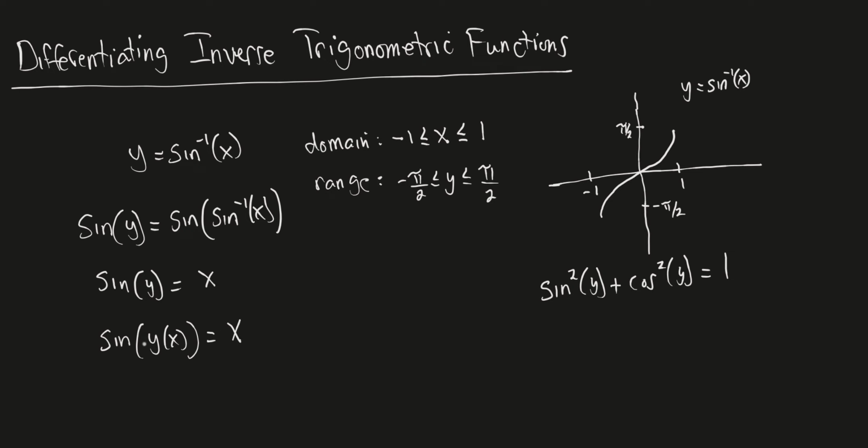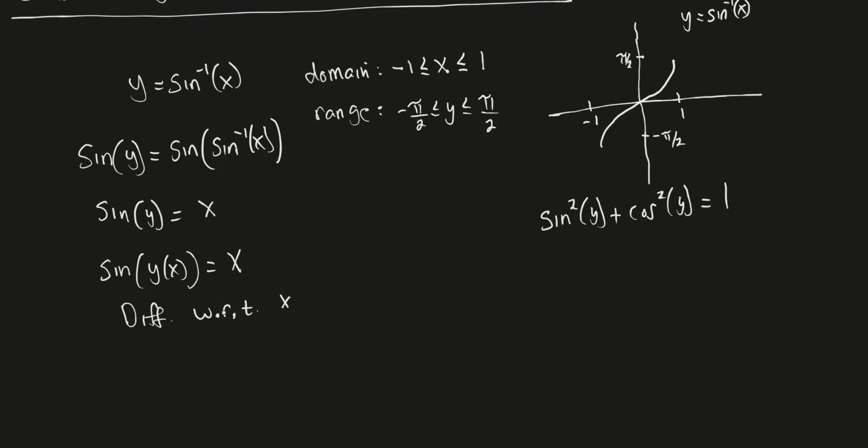So then I differentiate both sides with respect to x, where WRT is a common abbreviation for with respect to. On this side, I'll have to use my chain rule because of the composite, because I have sine of y of x. Well, the derivative on the other side is relatively easy. It's just going to be equal to 1. So let's write that down.